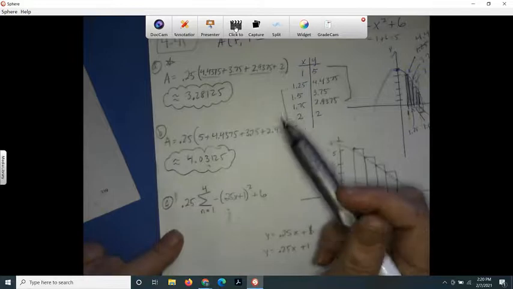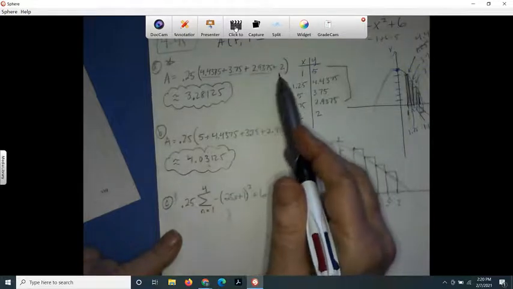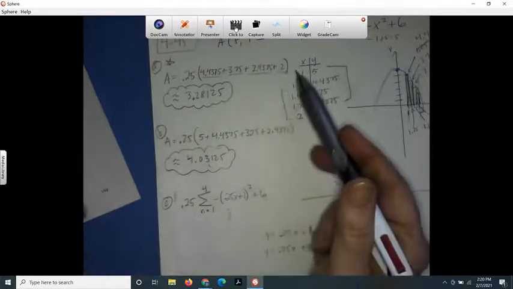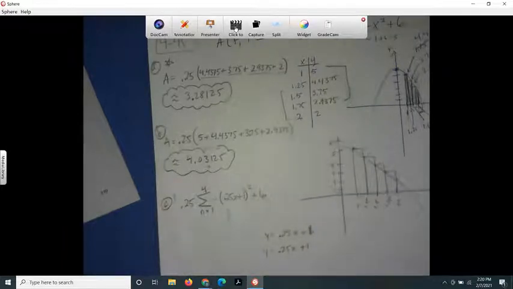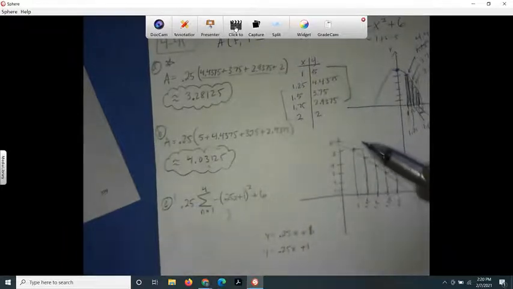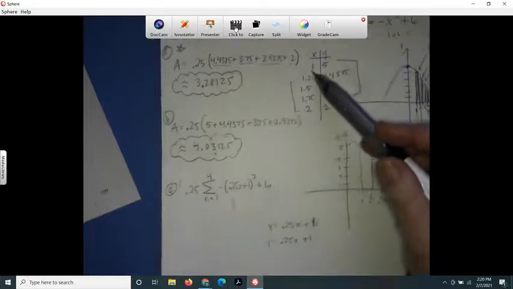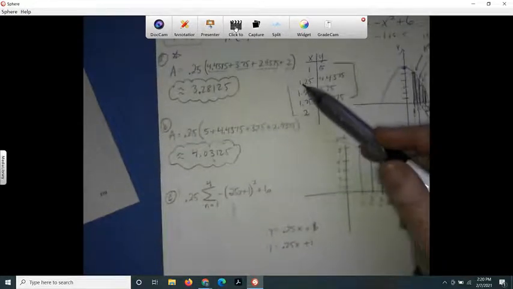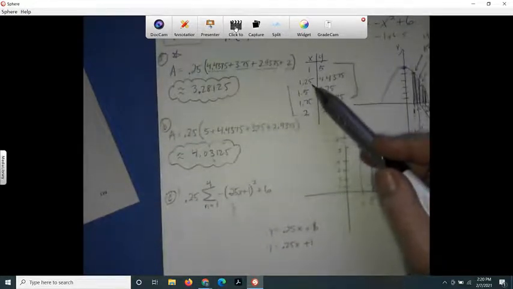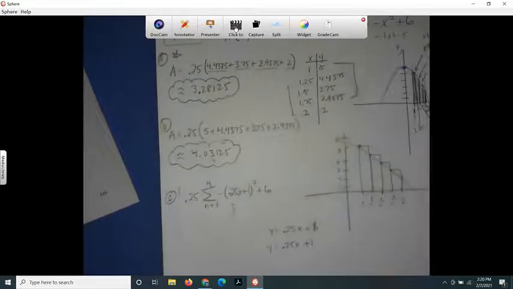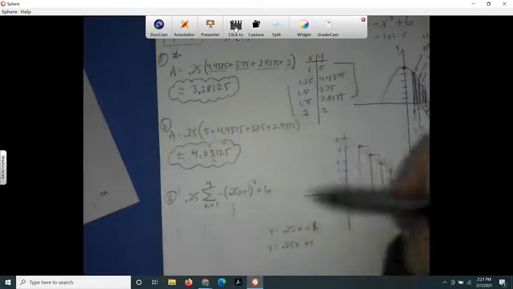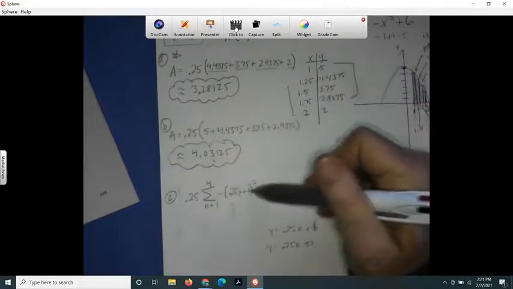But how am I getting these numbers? That's what the sigma notation is all about. I noticed my numbers aren't starting with 1. They're starting with 1.25. So I need something linear, like a y equals mx plus b, to put inside this function.